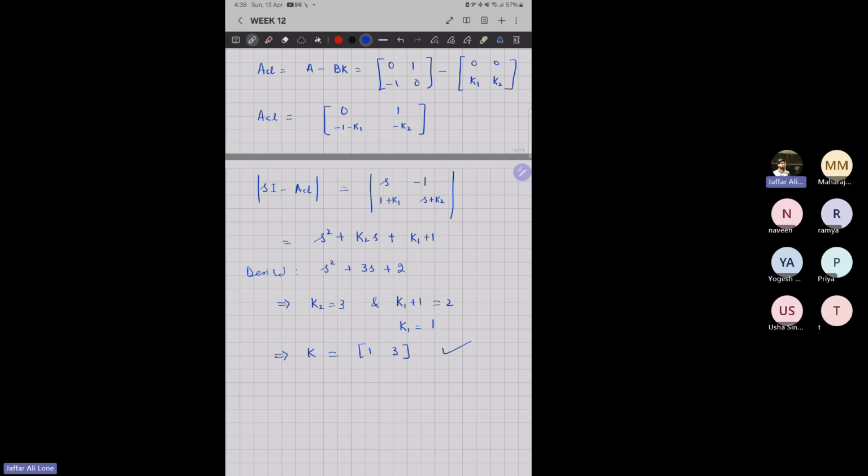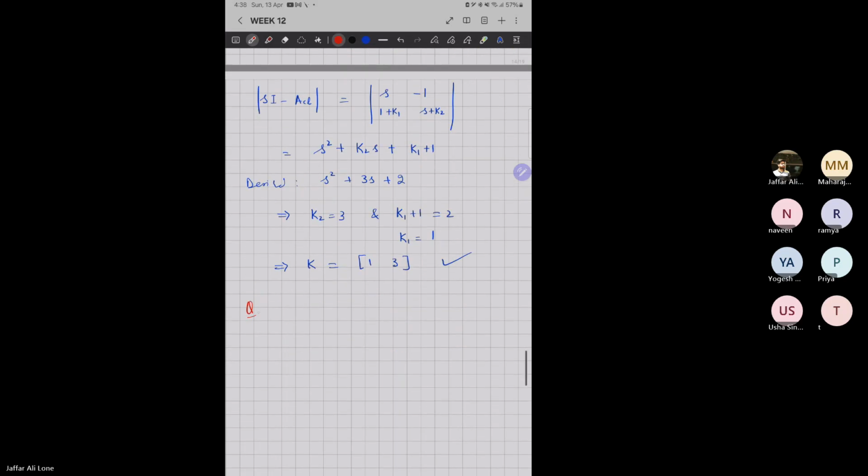For example, for the same question which we did earlier, we had A as [0, 1; 9, 0], B as [0; 1], and C as [1, 0].